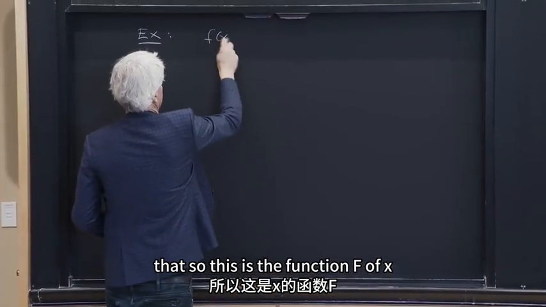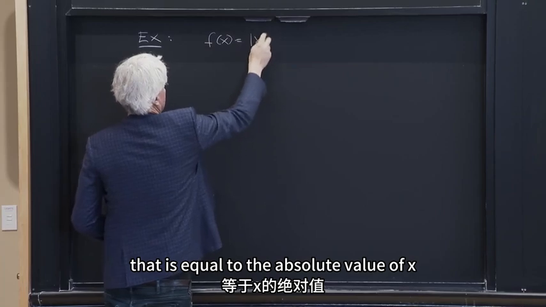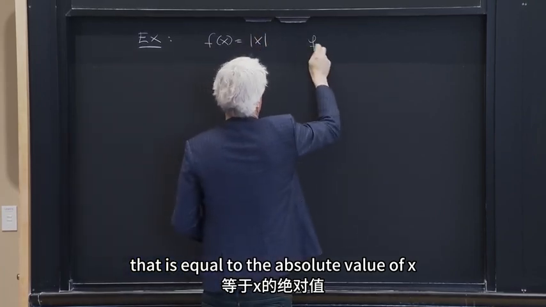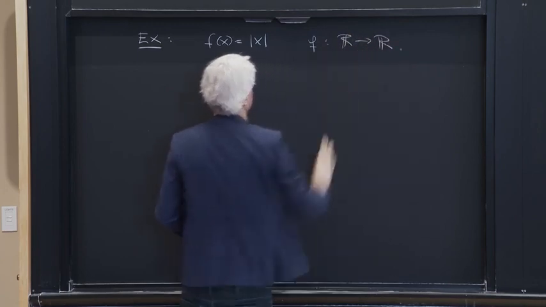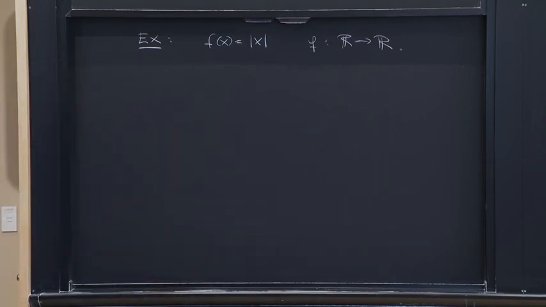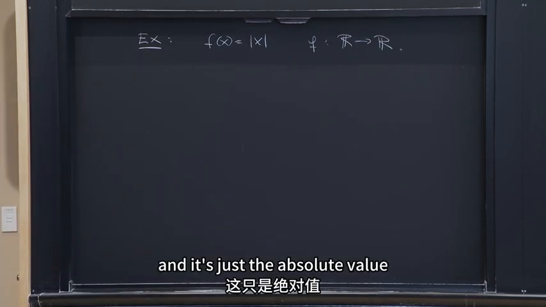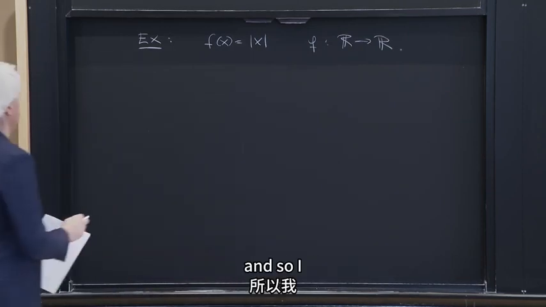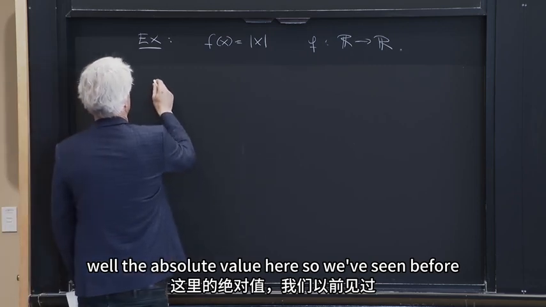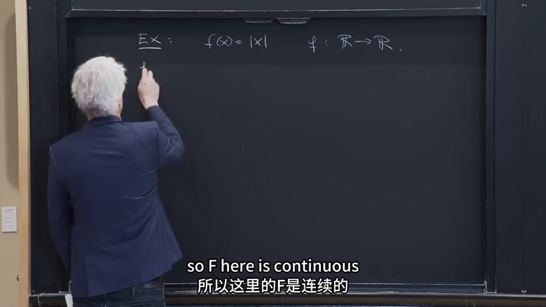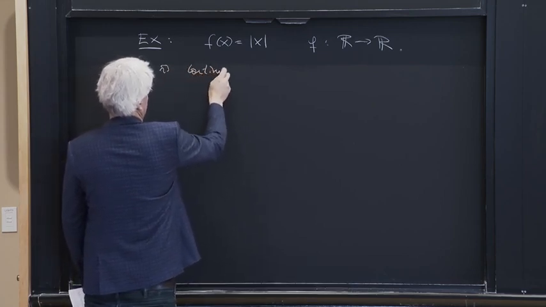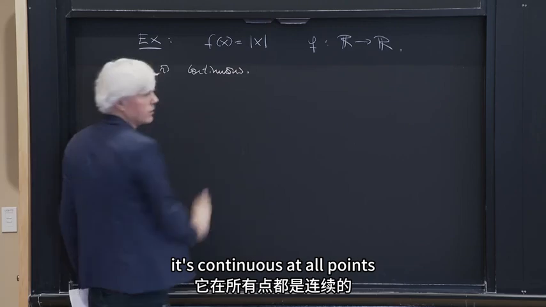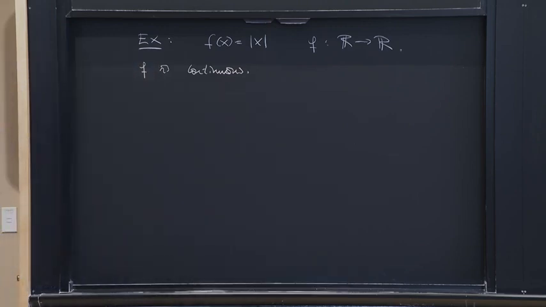This is the function f of x that is equal to the absolute value of x. So f here is defined on R into R. And it's just the absolute value. And so the absolute value, we've seen before, f here is continuous. It's continuous at all points, right? In particular, of course, at 0, right?